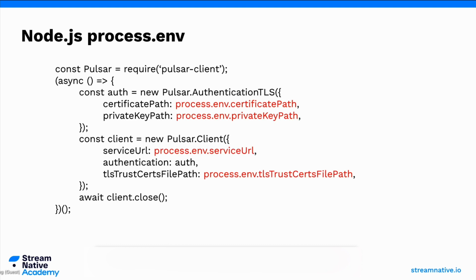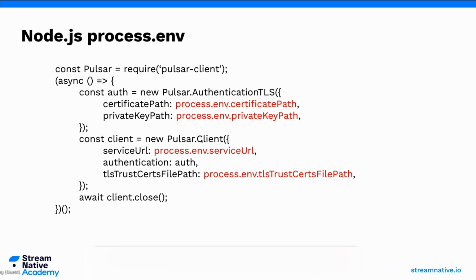For the first step, this is basically the same code. All you need to do is replace the hard-coded parts, like the path, with a variable called process.env. This is your variable here: a certificate path, service URL, or TLS trust certificate file path.